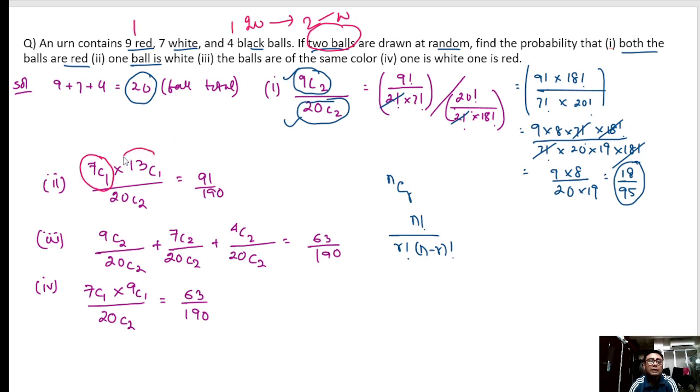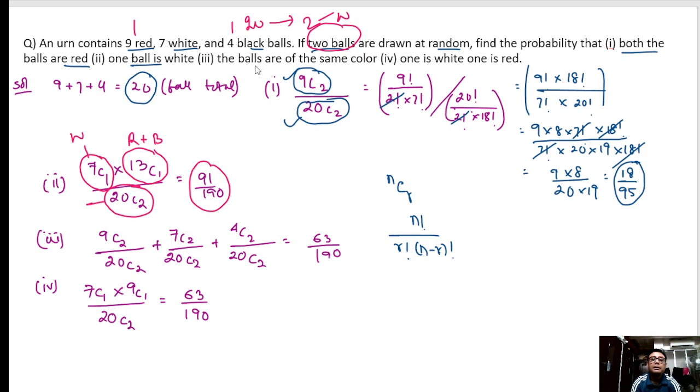So from 13 I should draw any one ball. And from the 20 total sample space I need 2 balls, and one ball should be white, and the other ball can be anything. That means red or it can be black. So total from 13 I need 1. And when you solve this, you get this answer.